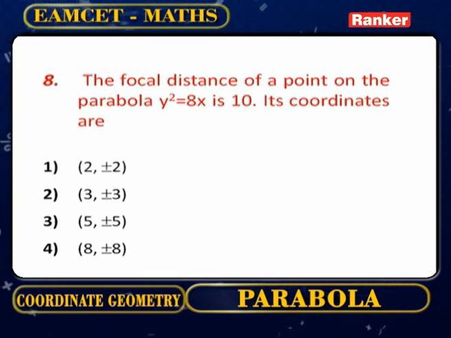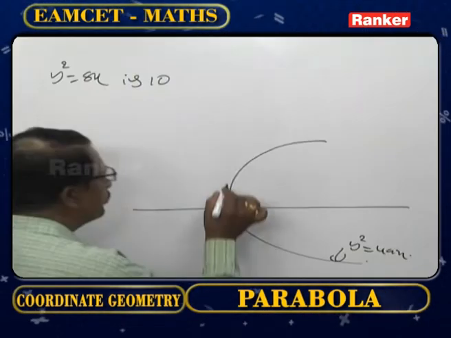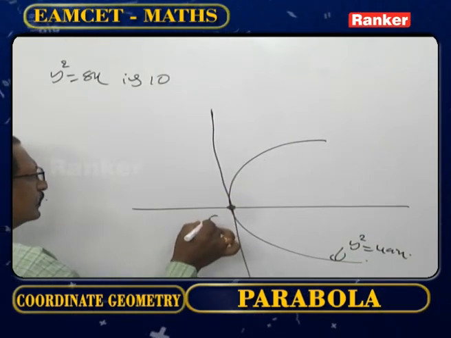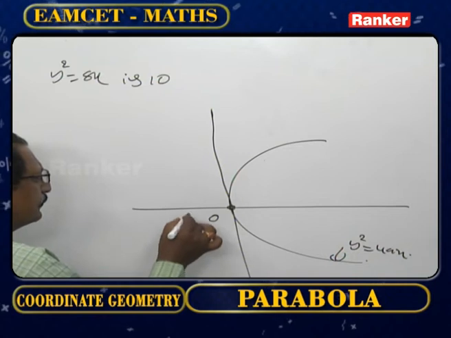The focal distance of a point on the parabola y square equals 8x is 10. Find its coordinates. Consider the parabola equation y square equals 4ax, with vertex (0, 0).